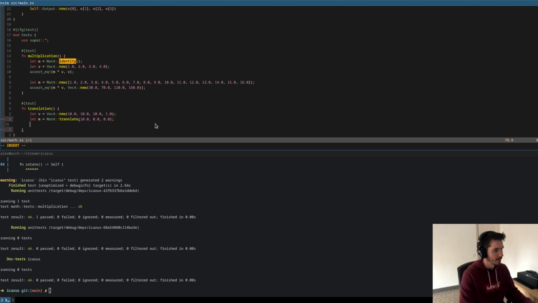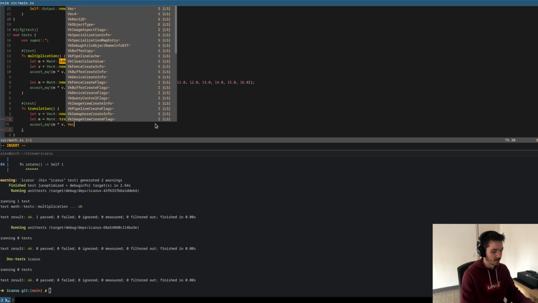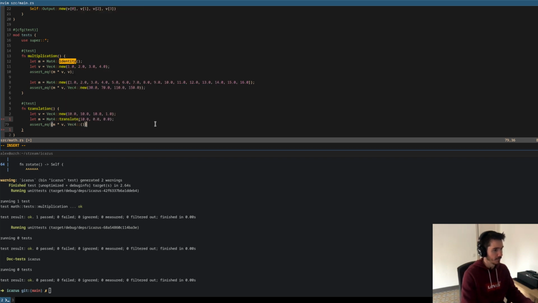And if we apply the transformation by multiplying, basically, if we do m times v, we should get a new vector 4, which should be the same vector but with the x coordinate added 10. So 20, 10, 10, 1, basically.